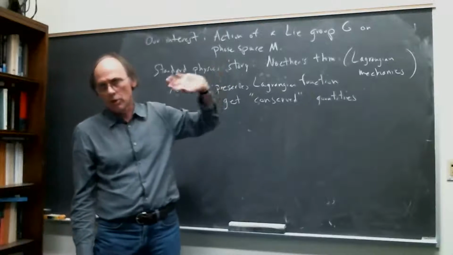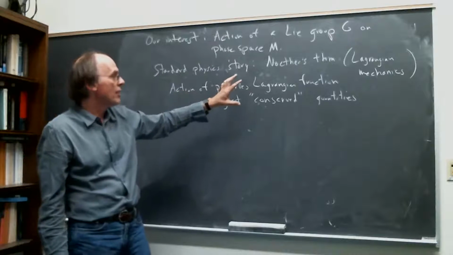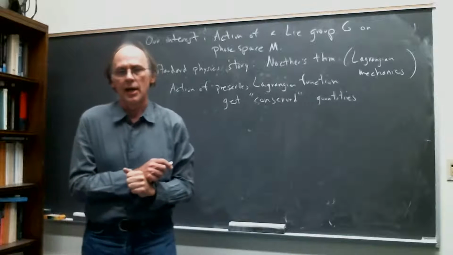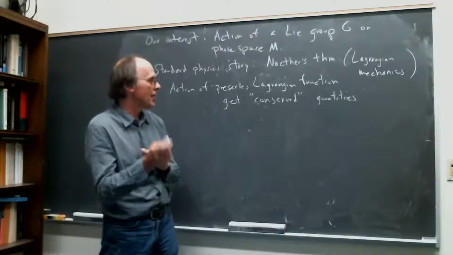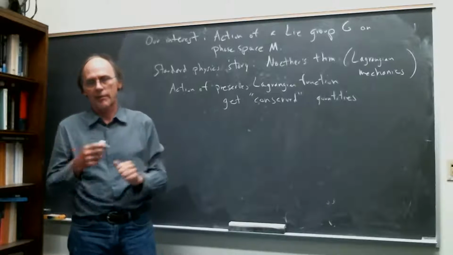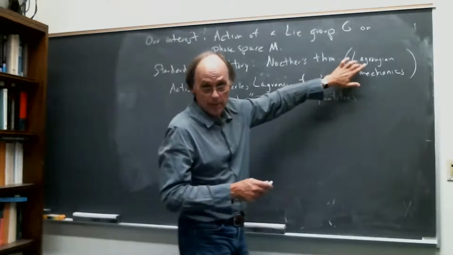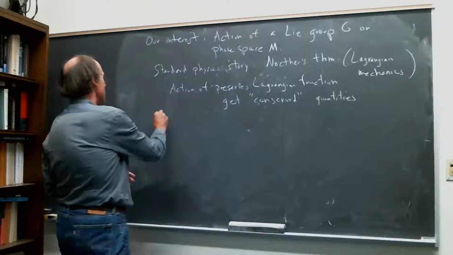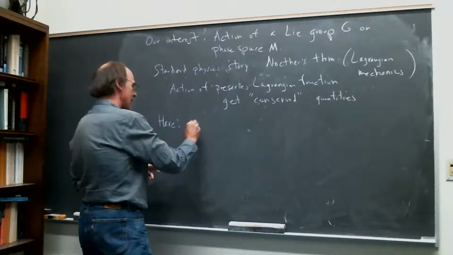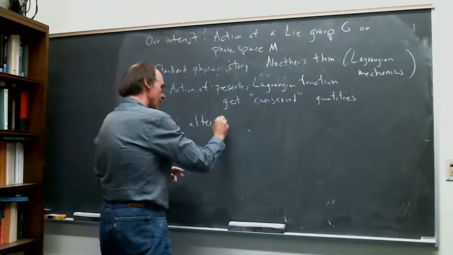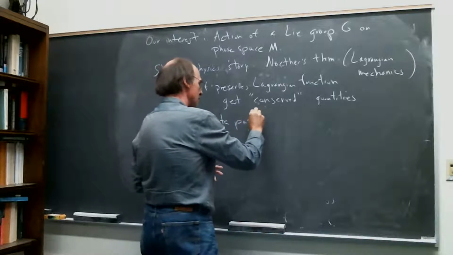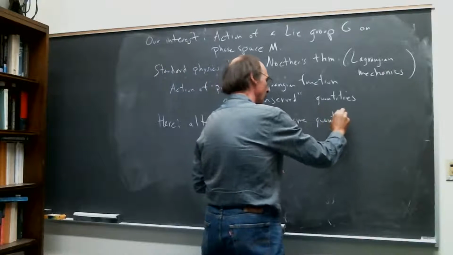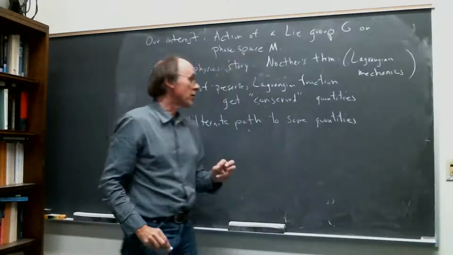From the Lagrangian point of view, you're going to derive the existence of a momentum function, an angular momentum function, and other symmetries, and derive their conservation laws all in Lagrangian mechanics. Here, it's an alternate path to the same quantities, and you can argue about which is better.